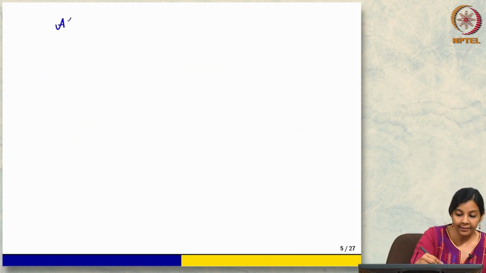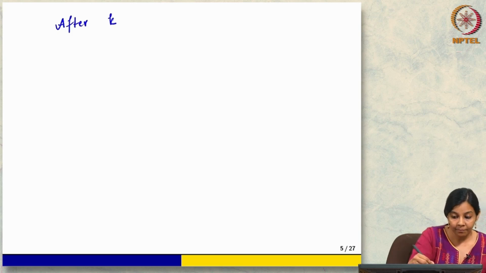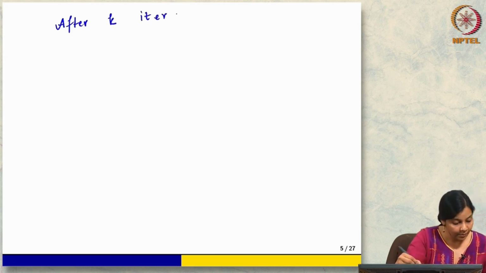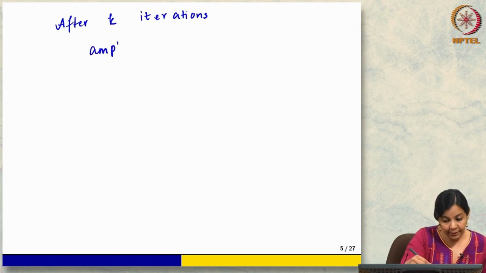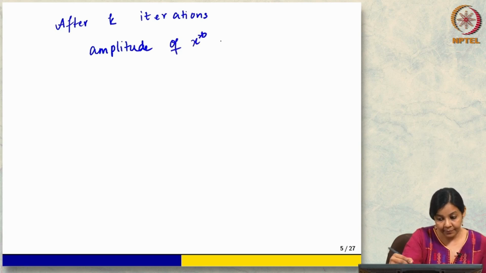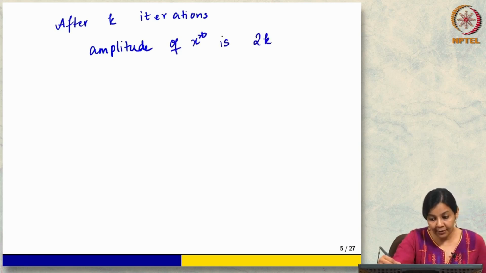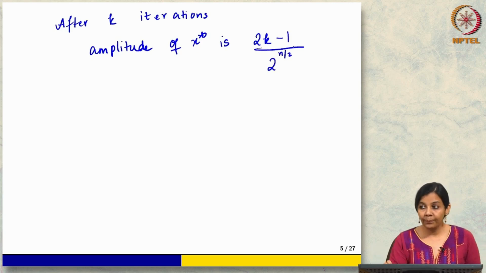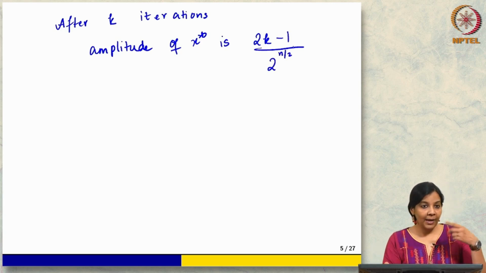So, in general, after k iterations, the amplitude of x star is how much? It is something like 2k minus 1 over 2 to the n over 2, okay, because it became 3, 5 and so on.